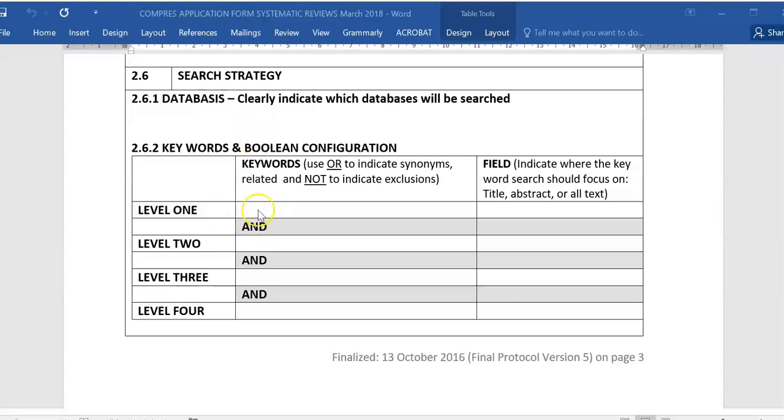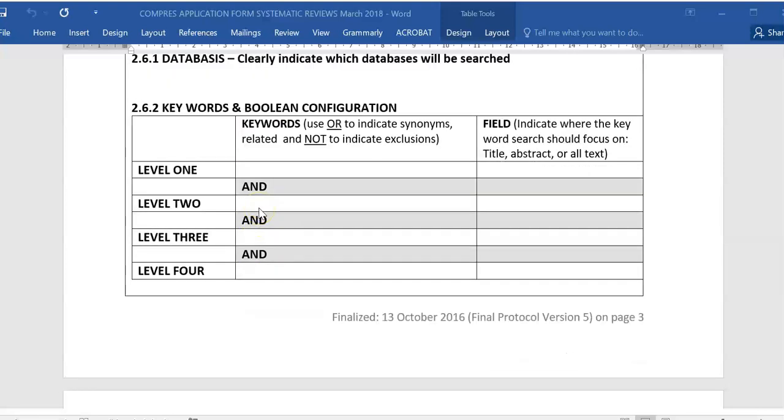So we recommend that you do develop the keywords at different levels. So level 1 would be social work or children and sexual abuse, for example. So you can have a complex string of keywords that you will use to do your whole search for articles. Okay.